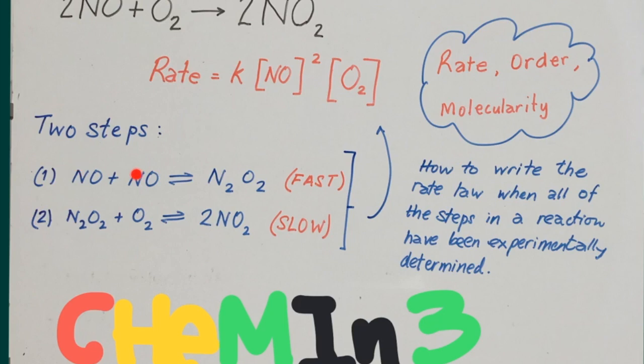And these 2 are actually giving rise to this, which is a part of the second step. But because it's neither a reactant nor a product, it cannot form a part of the rate expression. So this is how you would then write the rate law or the rate expression once you have figured out all of the steps in a reaction. And it is from this that you can go to this.